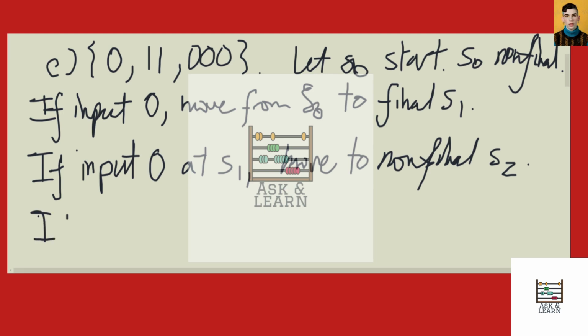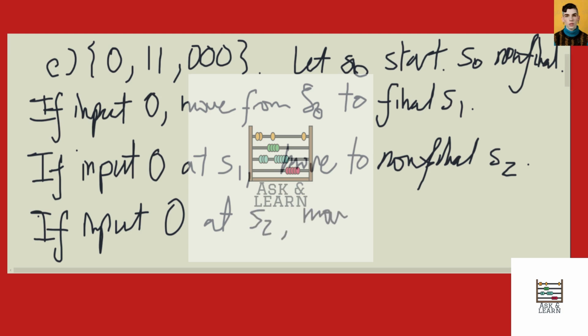And finally, if the input is a 0 at S2, then we'll move to a final state S3, since 0, 0, 0 should be accepted.